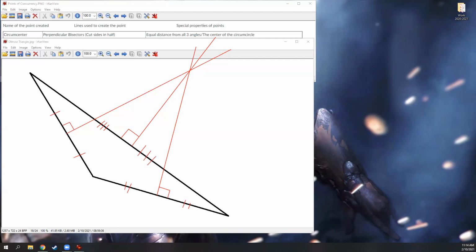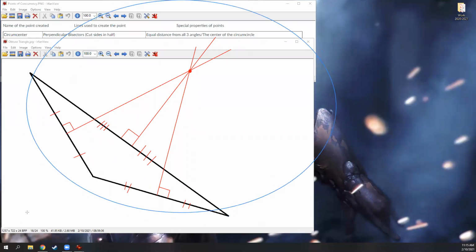All right. That is the circumcenter in an obtuse triangle. It is all the way out there, because the circumcircle extends super far out from the triangle.